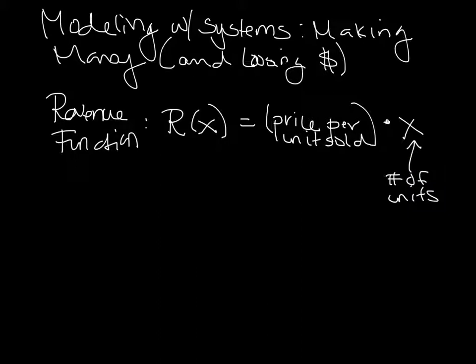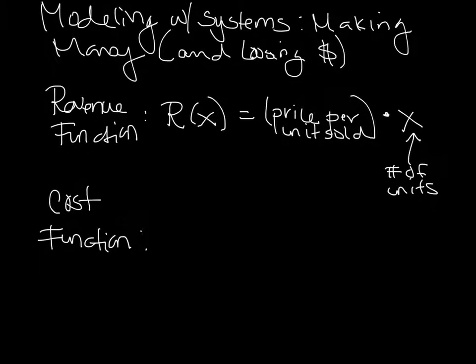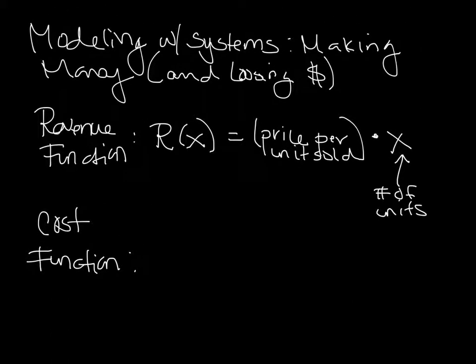And we also know cost is the cost of producing x units of the product. So let's write the cost function, because there's a difference between the revenue and the cost function. The revenue is just how many things you are selling and how much you are going to charge for each.